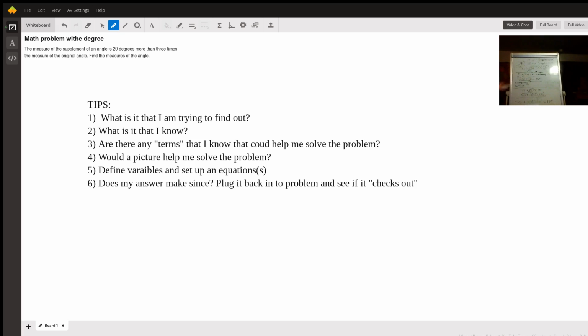Okay, if you still wanted to be doubly sure, you could also plug it back into the second equation. Remember that was angle 2 equals 3 times angle 1 plus 20 degrees, or as we read in the paragraph, the second angle was 3 times the original angle plus 20 degrees.